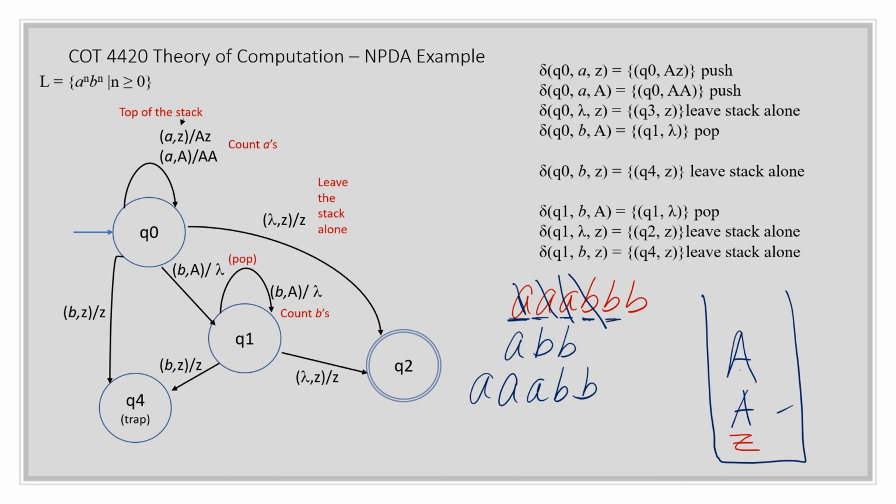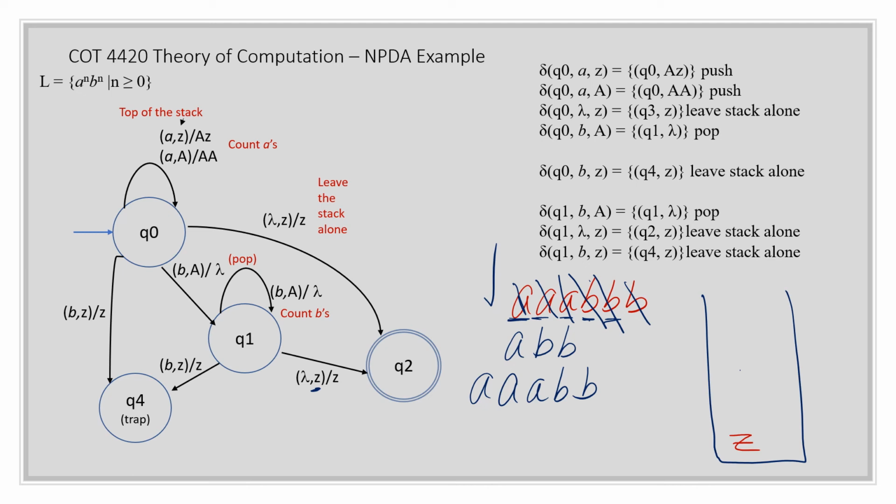Now I have a B, there's an A on the top of the stack. I'm going to pop that off. And now there's another B, and there's an A at the top of the stack. So I'm going to pop that off. And now I've gone through my whole string. So now I can see that there's a Z here. So I'm going to take the lambda transition, and this is accepting.